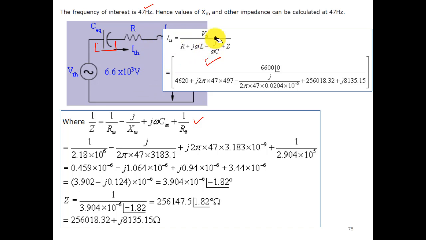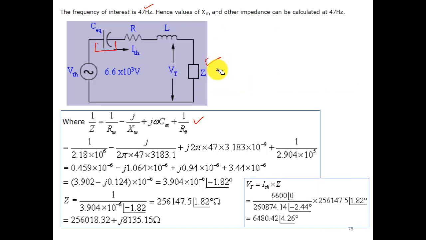So ITH is nothing but VTH, which is 6.6 kV, divided by R plus j omega L minus j omega C plus Z. Just by substituting the values we'll find ITH, and then from ITH we'll find VT, that is the voltage across the burden.